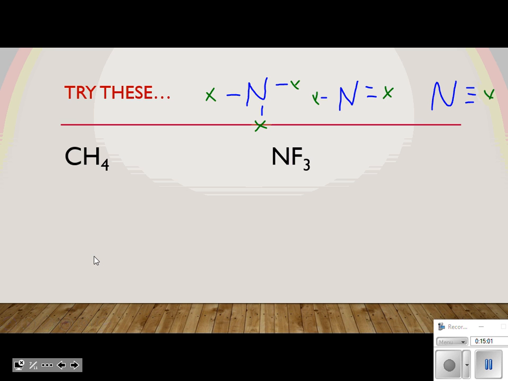So I'm going to draw my nitrogen. I'm going to have its electron dot structure. I know fluorine is a halogen, so it has 7 valence electrons. So I'm going to put a fluorine there. We'll put a fluorine here. And we'll put a fluorine down here.